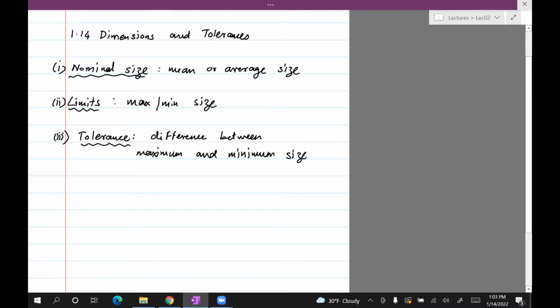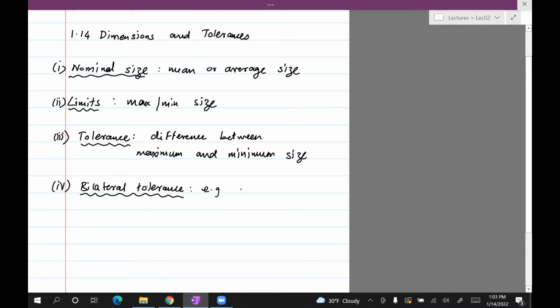Okay, then within tolerancing, we have two types of tolerances. One is called the bilateral tolerance, where we specify plus and minus. So this is basically the variation around the nominal dimension.